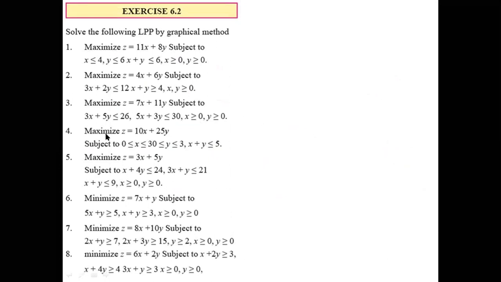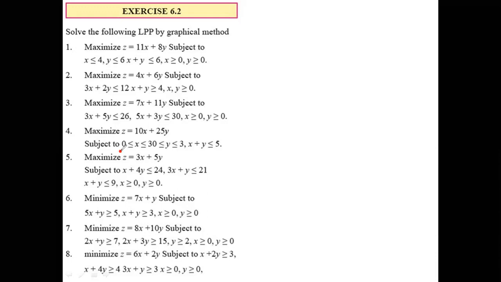Maximize z is equal to 10x plus 2y, subject to 0 less than equal to x less than equal to 3, 0 less than equal to y less than equal to 3, and x plus y less than equal to 5. Now in this sum, particularly, class, you see there are no non-negative constraints.